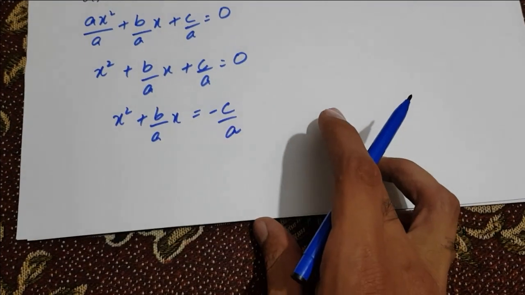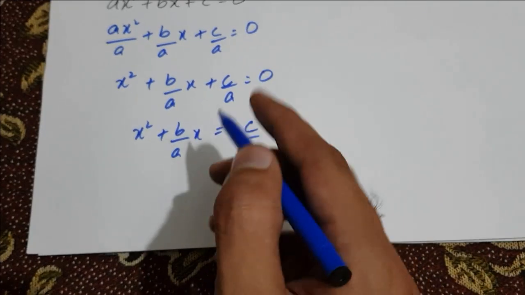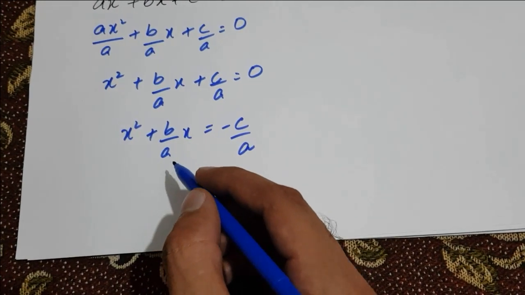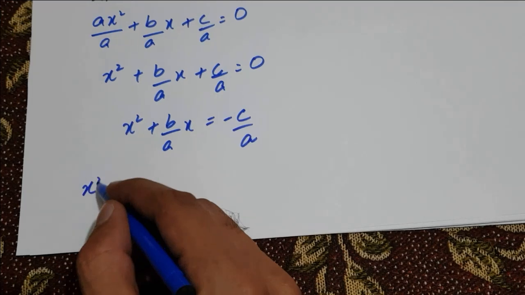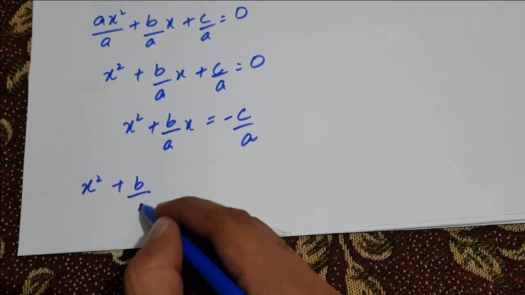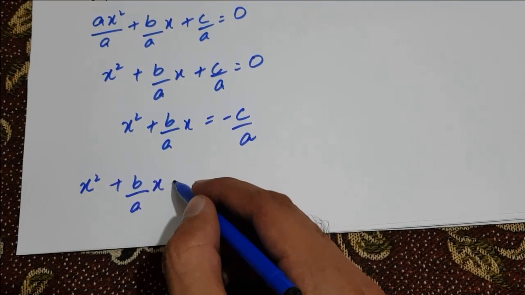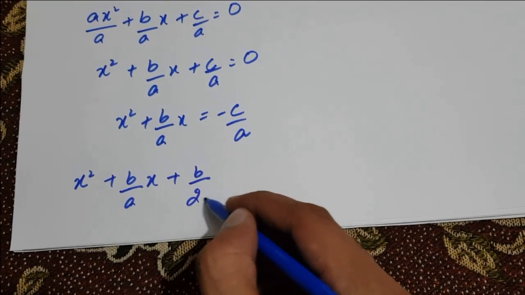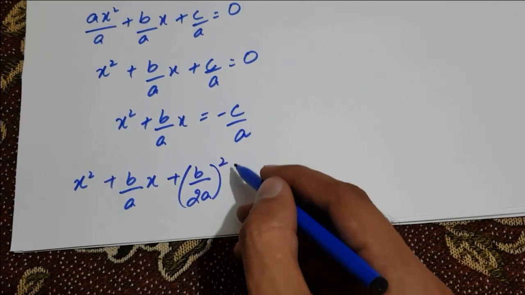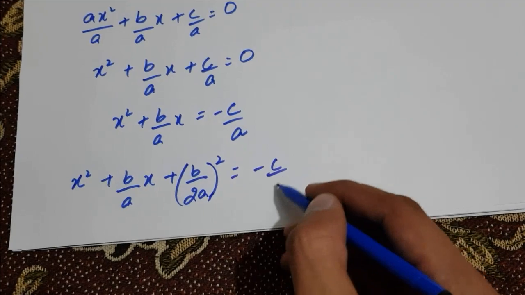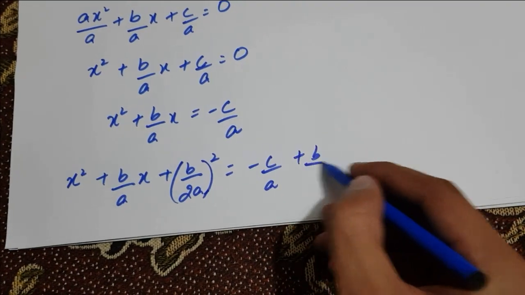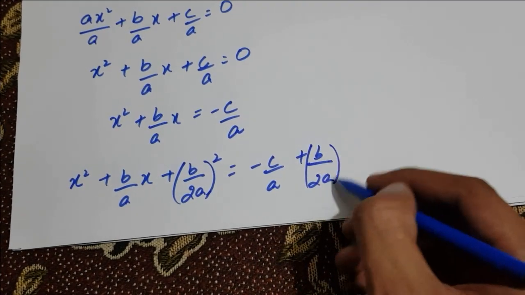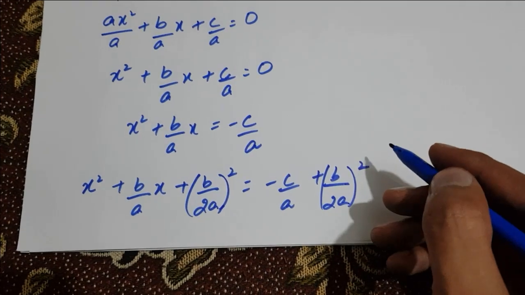Now we multiply the coefficient of x by 1 over 2 and then add its square on both sides. We get x squared plus b over a x plus b over 2a whole square equals minus c over a plus b over 2a whole square.